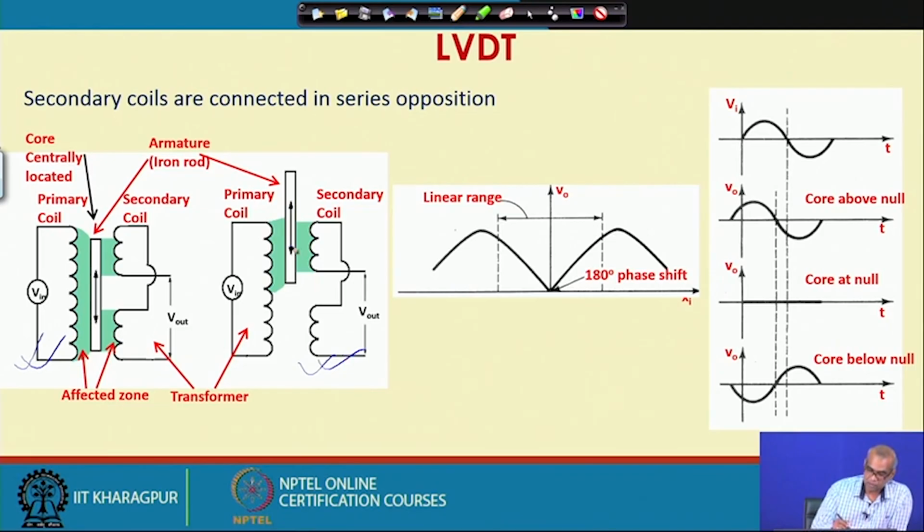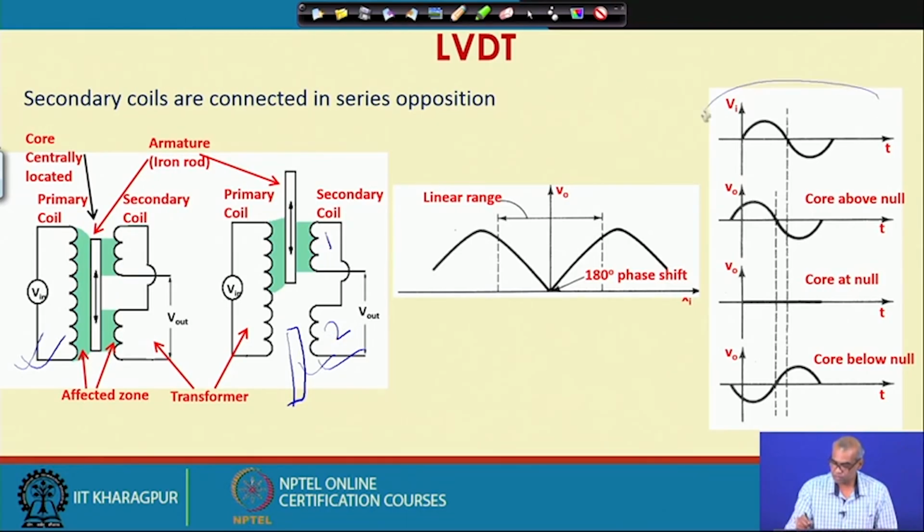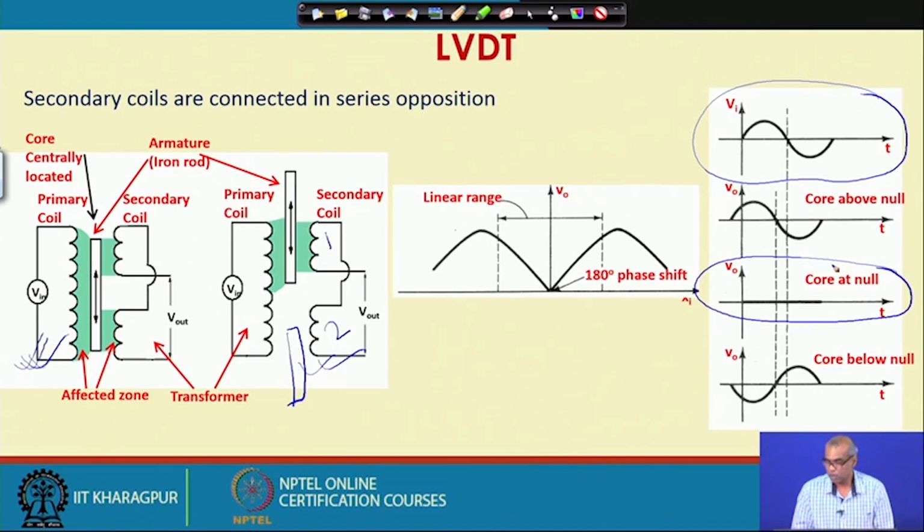The core can be here as well, below null, and then secondary coil 1 will not be affected, but secondary coil 2 will be affected. Now, let us say I am giving this sinusoidal voltage as input. When the core is centrally located or core is at null, my output voltage is 0. So, my output voltage by time graph will be like this.